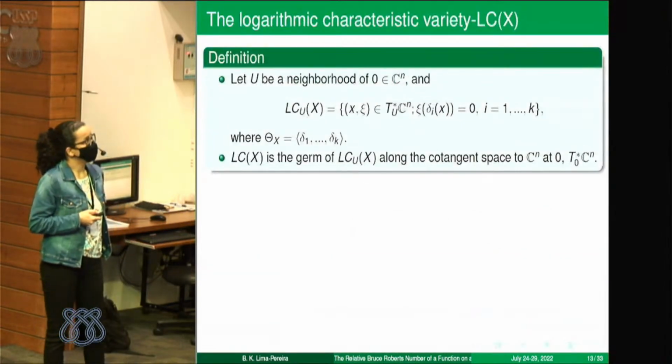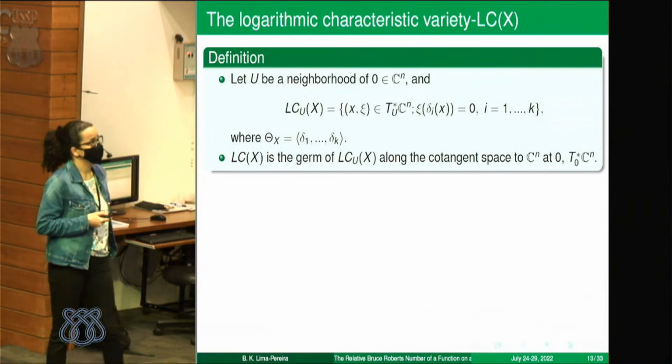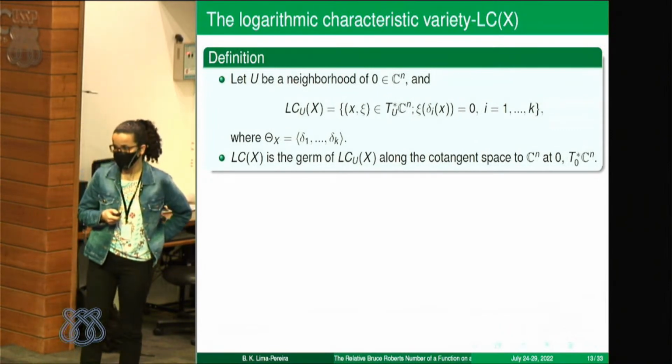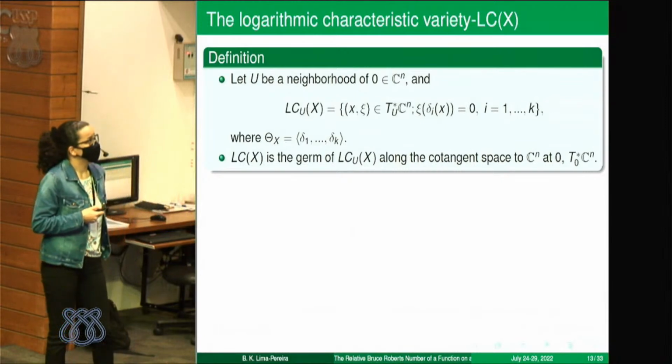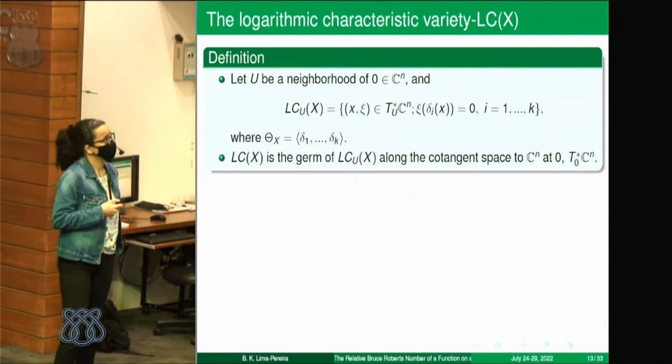Now I will talk about the logarithmic characteristic variety, the LC(X). We consider X our variety, and these vector fields are the generators of theta X. We consider U a neighborhood of 0 in Cn, and we have this set, LC(U)(X).